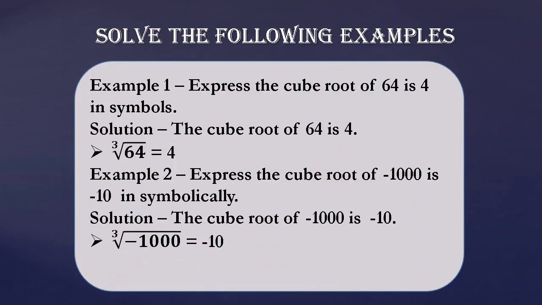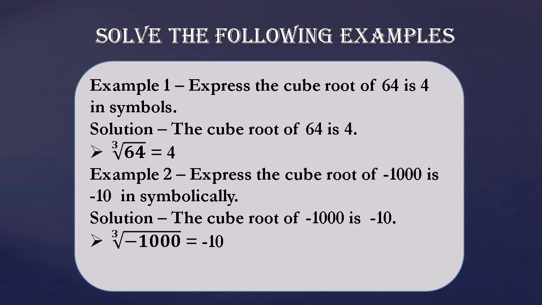Let us solve a few examples. How will you express the cube root of 64? It's 4. We can express that the cube root of 64 is 4 symbolically as shown here on the screen. Next example, express symbolically that the cube root of minus 1000 is minus 10.